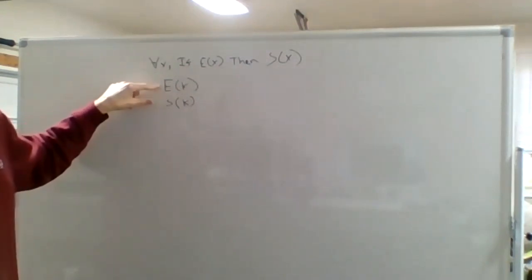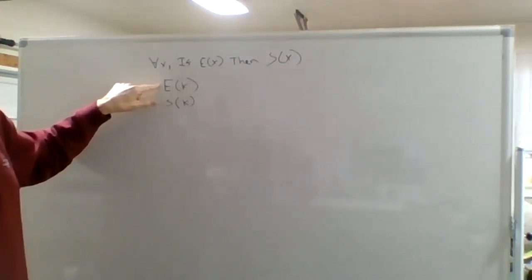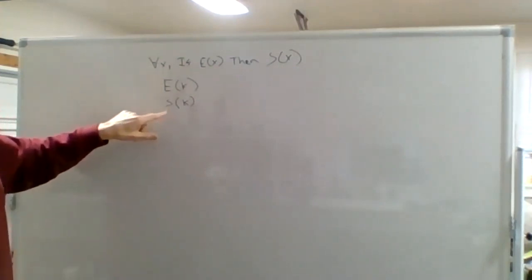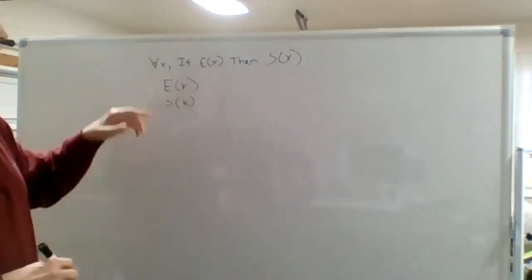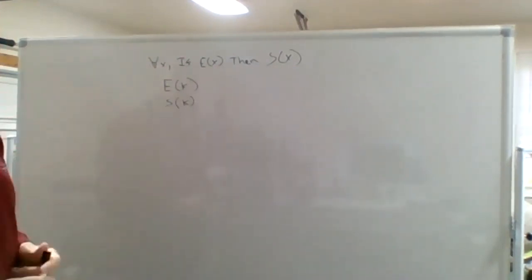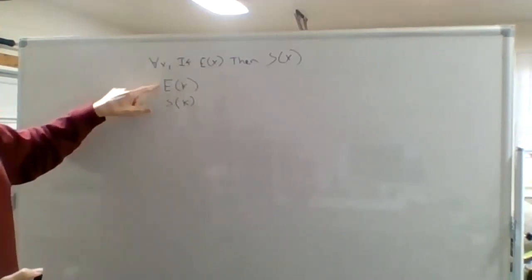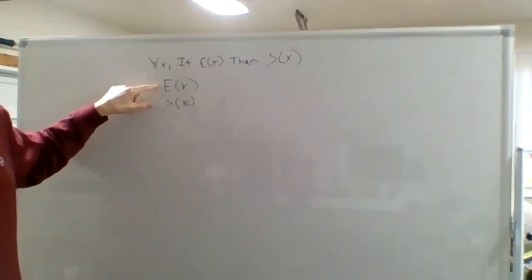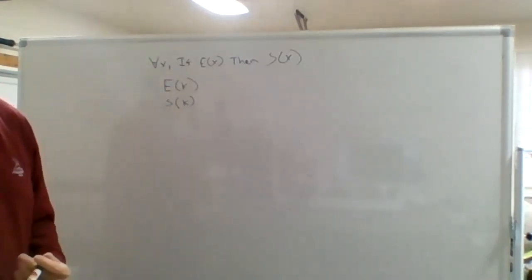Then we have the particular: one particular integer k is even. Then we can conclude through universal instantiation of the more general premise up here that S of k is true too. So if k is an even integer, then the square of k is even as well.